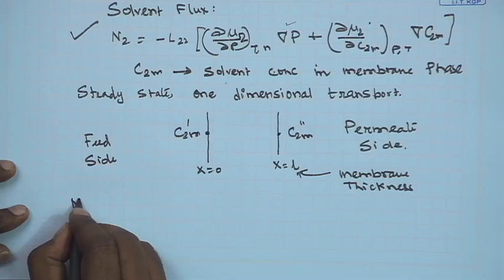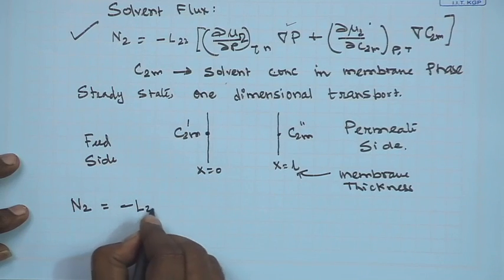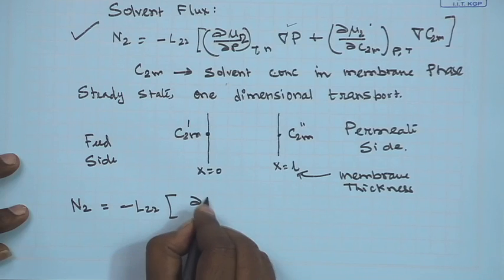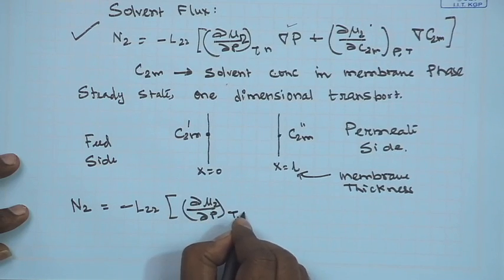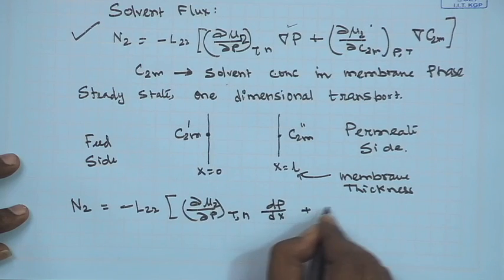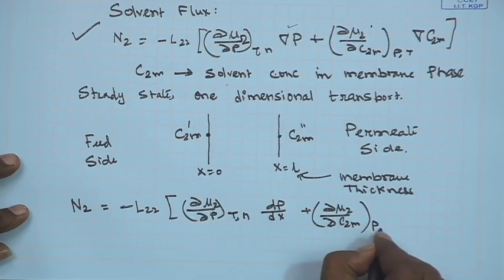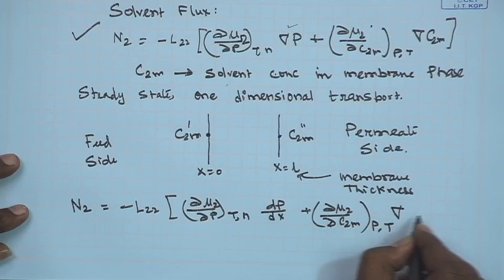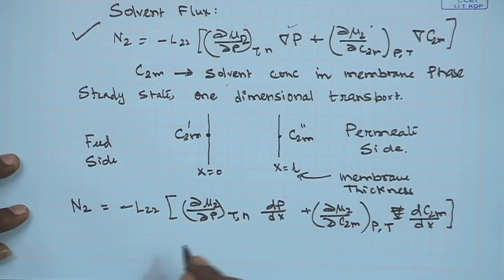So, we can write N_2 is equal to minus L_22 times del mu_2 del p at constant T and n, dp dx, plus del mu_2 del C_2m at constant p and T, dC_2m dx.